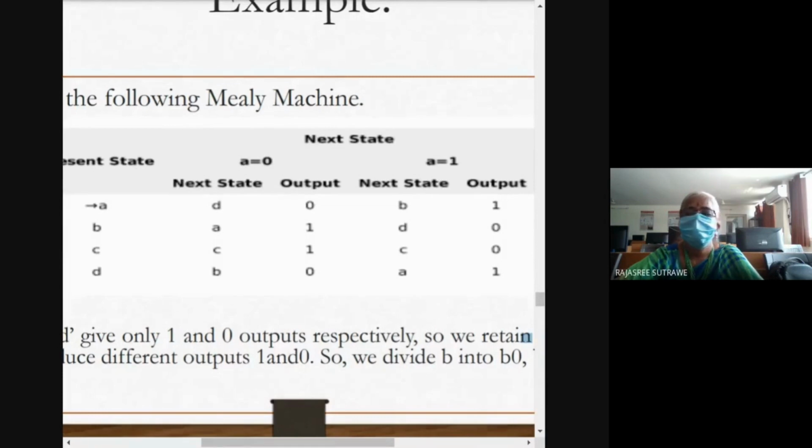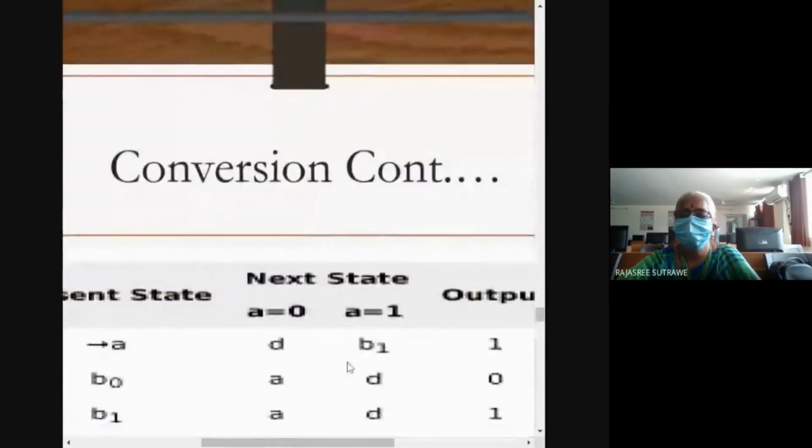So B0 means what is the output? We are going for B0 and B1 now. B0 means output 0. And B1 means output 1. Based on that, we are writing here 0.